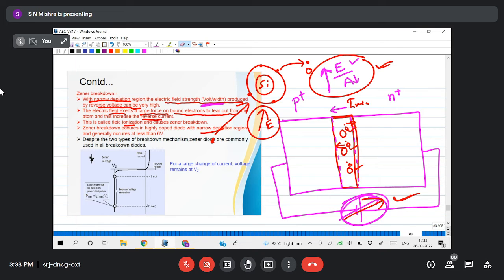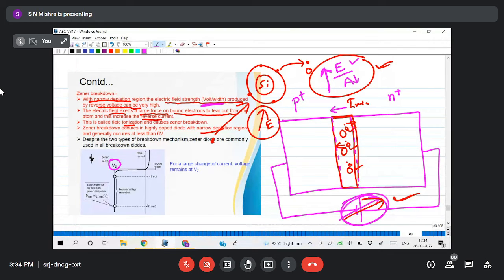Once you understand this concept, then due to this constant voltage, Zener is used as a voltage regulator. Voltage regulator means, in general, all electronic circuits or any circuit, we require constant voltage.